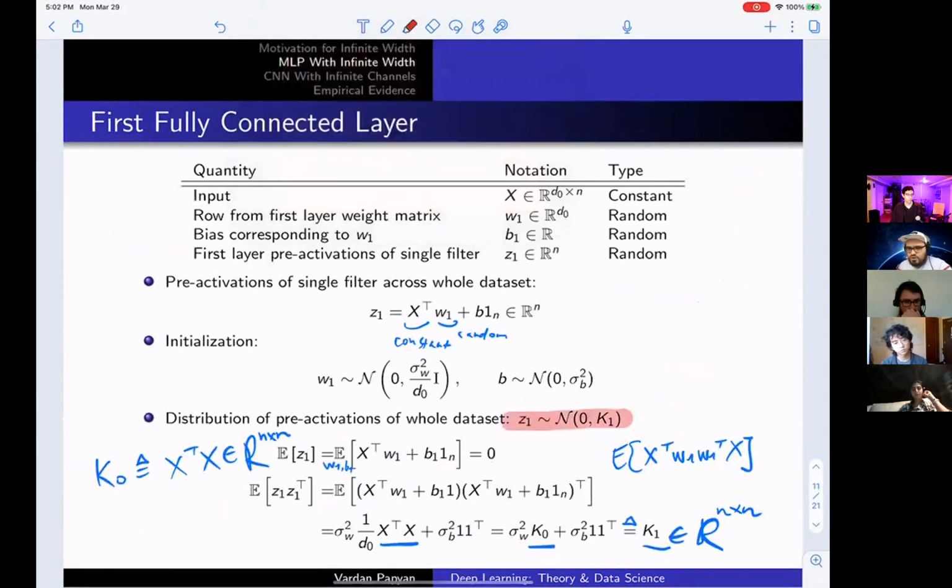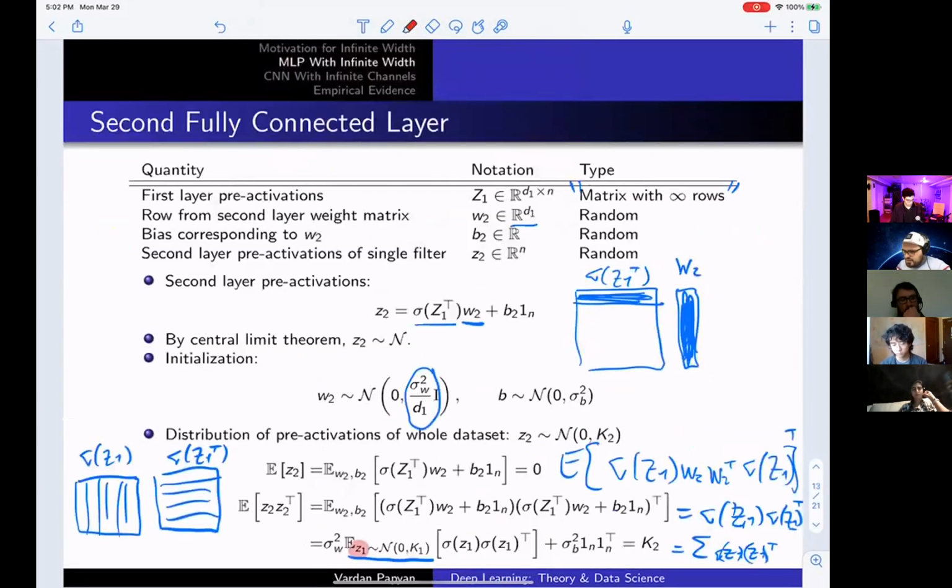Z1 is normal 0 K1, right? So we know the distribution of Z1, it's multivariate normal with a covariance K1. And so what we're doing here is we're using this knowledge. So we're sampling a bunch of Z1s from this distribution and we're calculating their outer product.